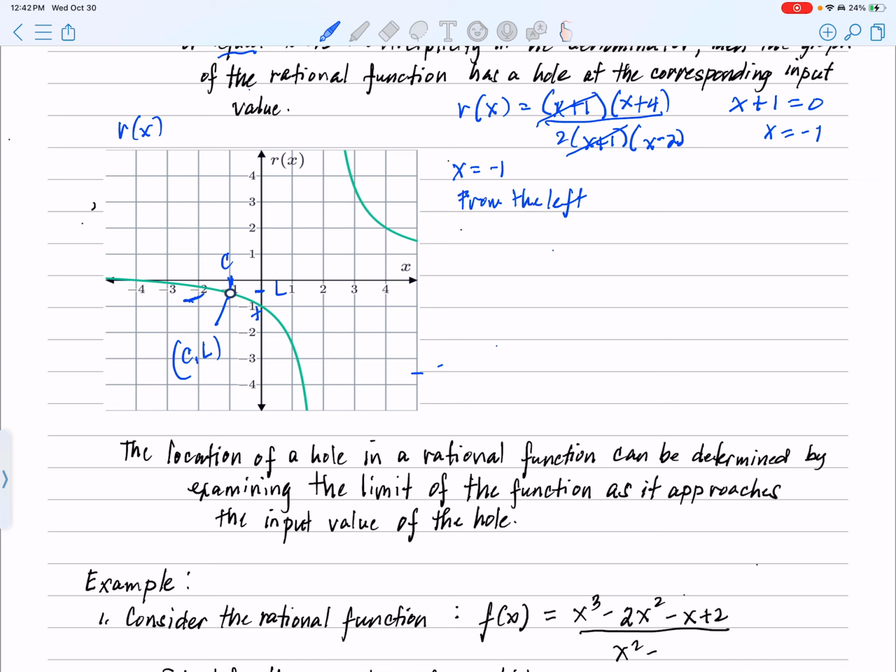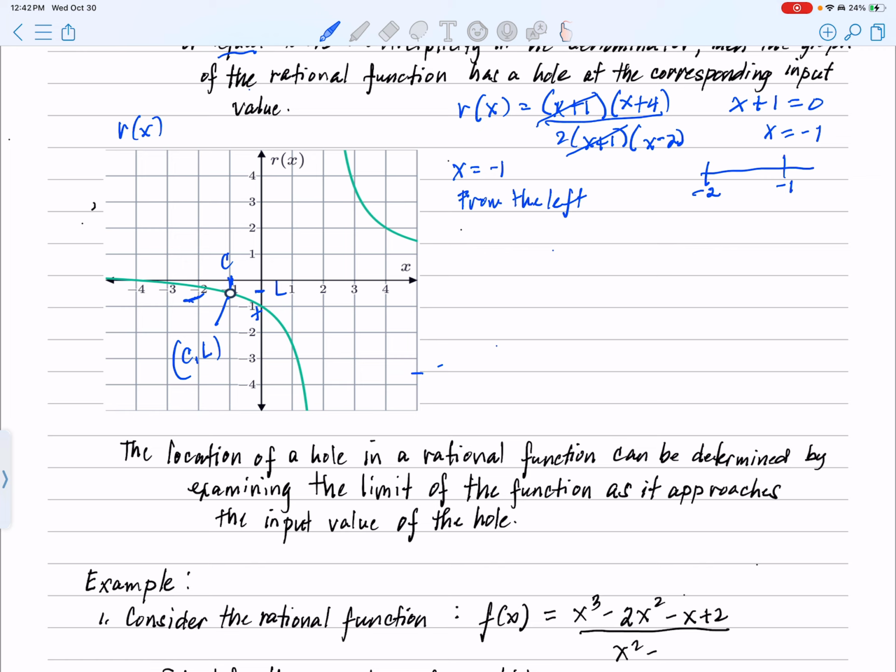If this is the location of negative 1 and this is negative 2 right here, this is the left of negative 1. So what numbers can we try that are closer to negative 1?